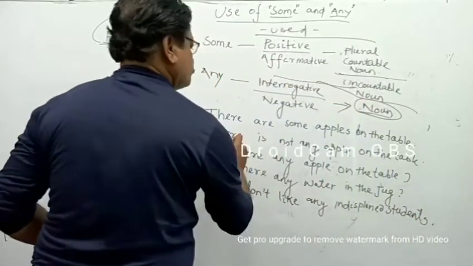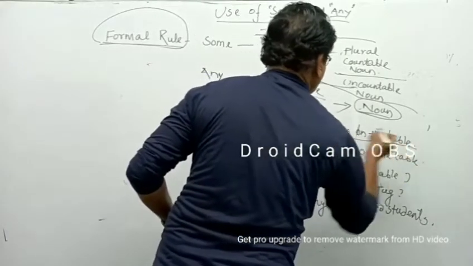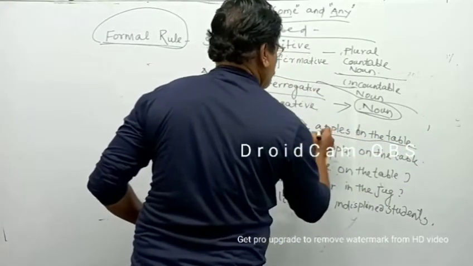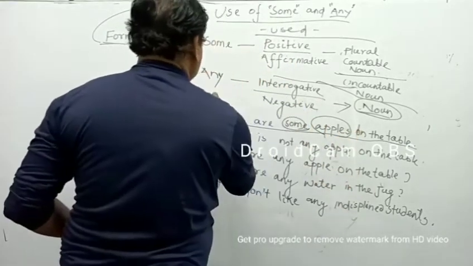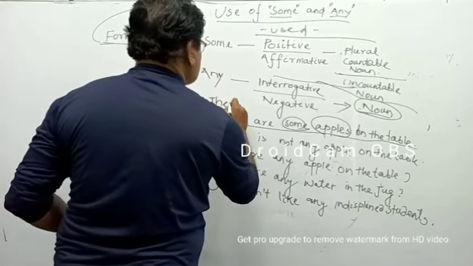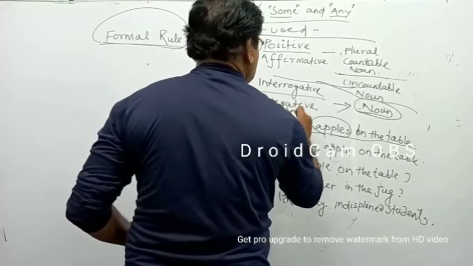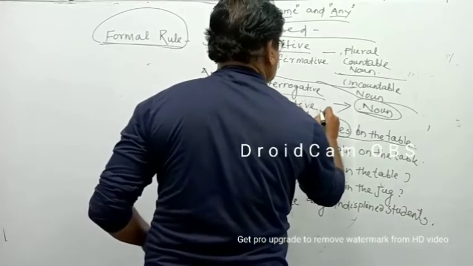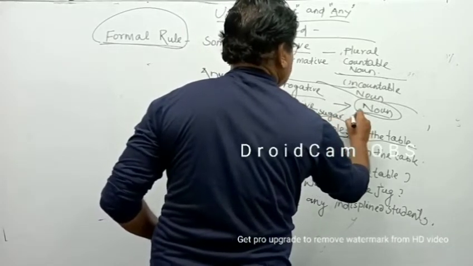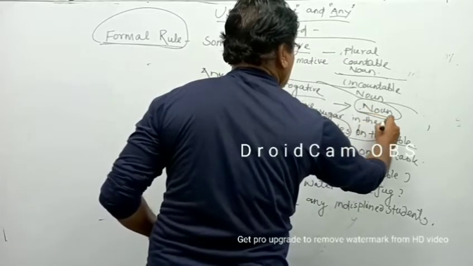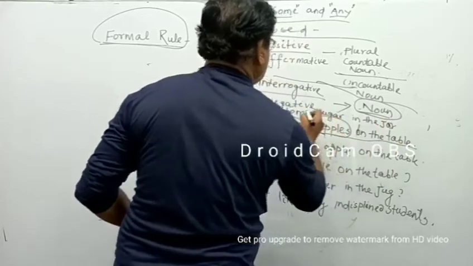You say, there are some apples on the table; some is used before a plural countable noun. You may also use there is some sugar in the jar.